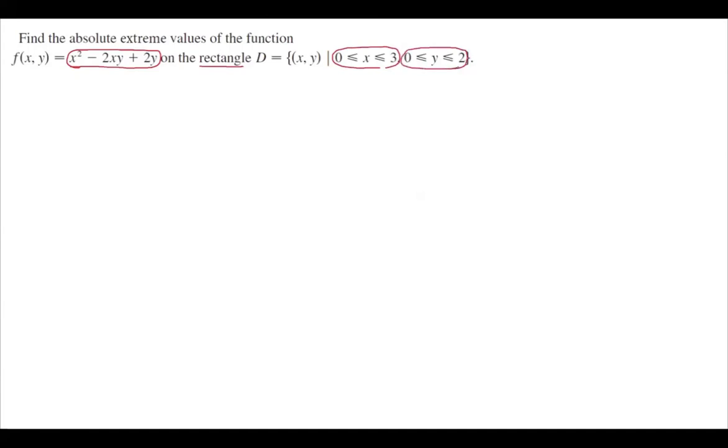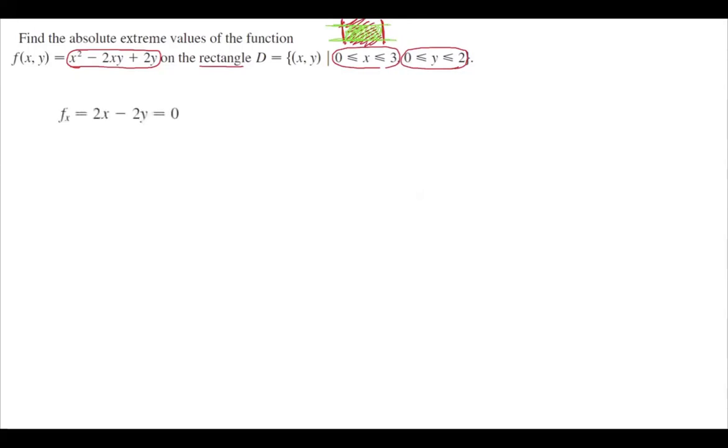When we say x is bounded between 0 and 3, we're talking about these two vertical lines and any region in between. And when we are talking about y bounded between 0 and 2, we are talking about these two horizontal lines and the region bounded between them.